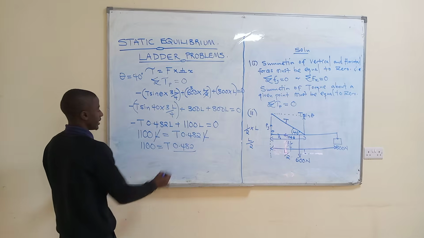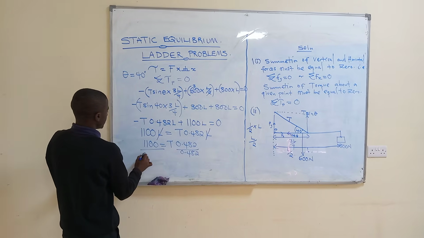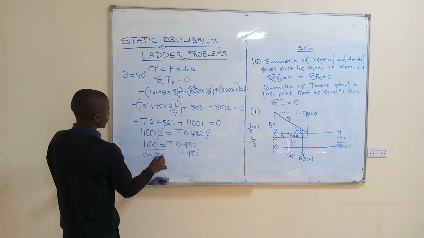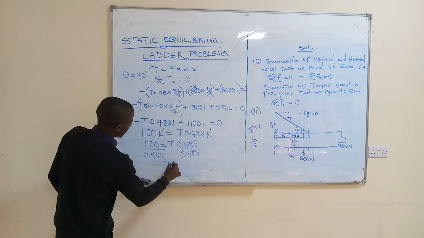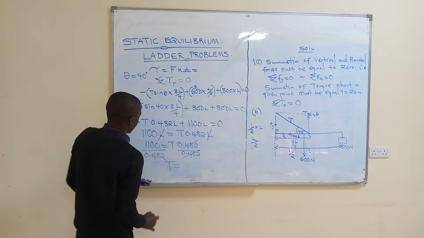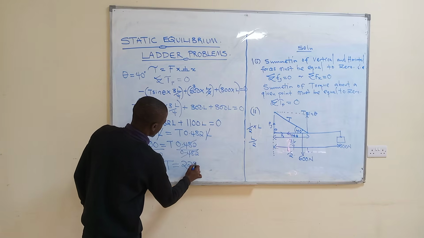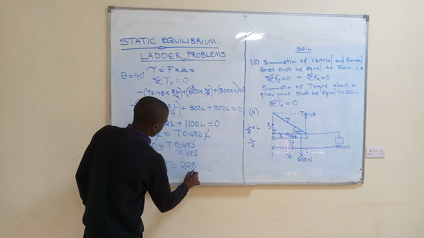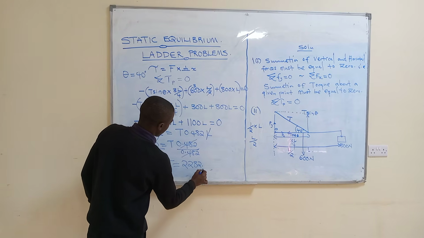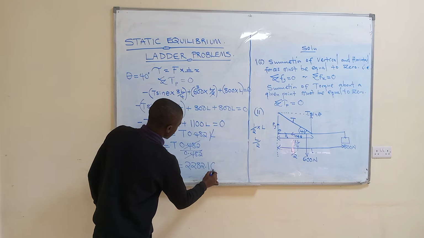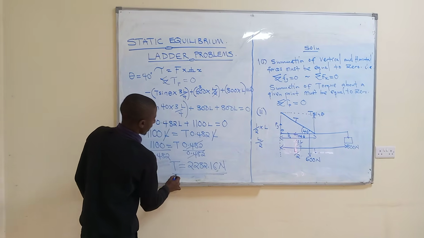Divide both sides by 0.482. You are going to get your tension to be 2282.16. So 2282.16 Newton as your final answer.